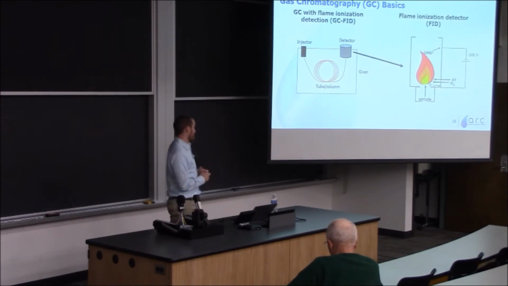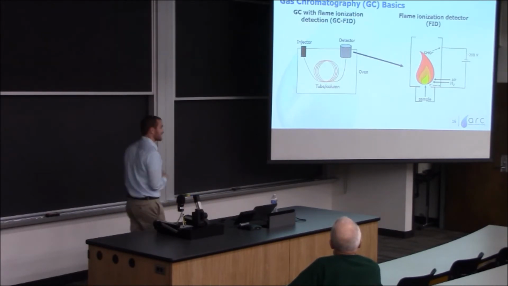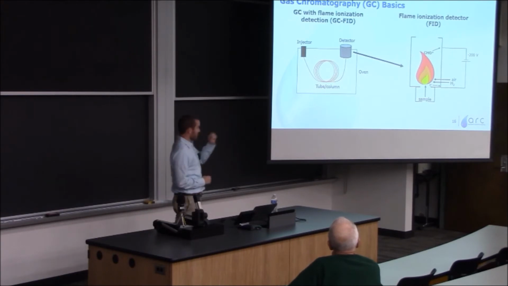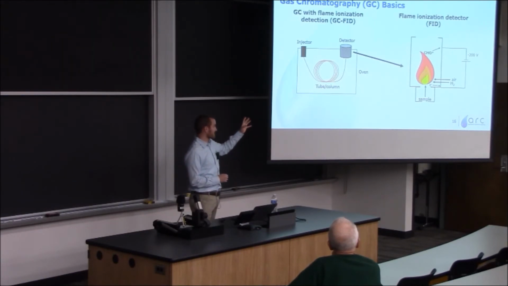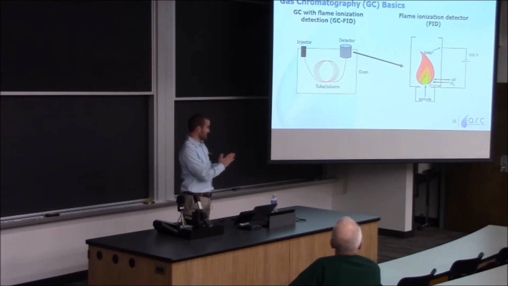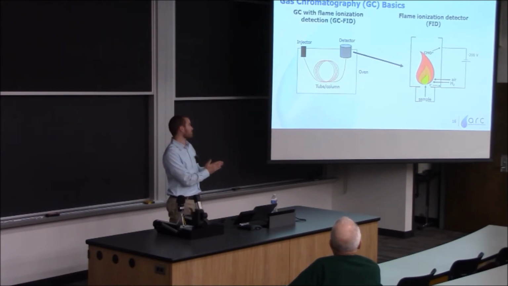The most common detector is actually the flame ionization detector, because of the many benefits of that detector. The flame ionization detector is actually quite a simple detector. It's just a flame, as the name states. That's a hydrogen and air flame, and you burn the sample, or the individual components, as they come up into that flame.